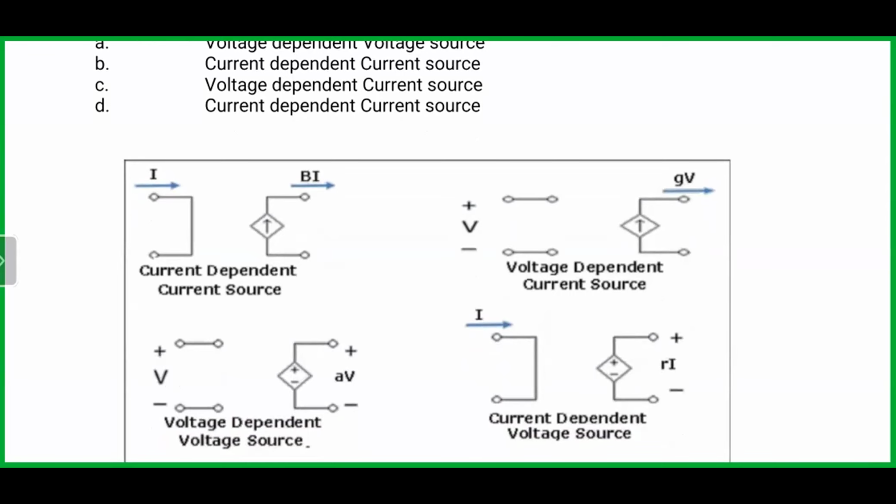You see, this is a current that is depending on an input current. So current depending on current. Then we have a voltage that depends on the input current.